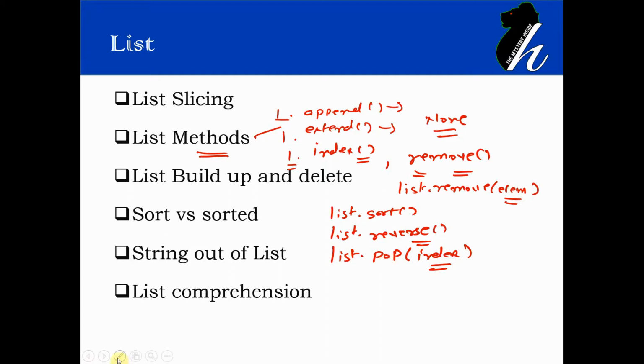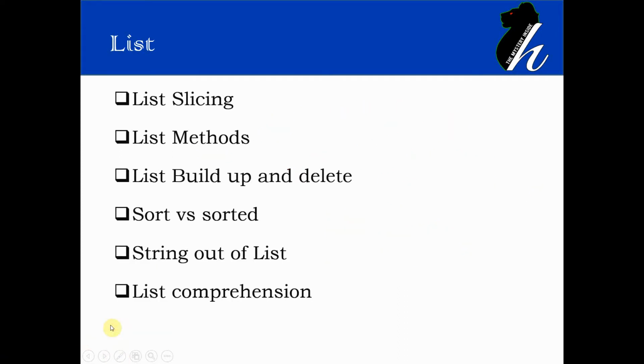Let us now understand list build up and delete. Basically, while programming, if you want to build up a new list, then the common approach is to declare an empty list equals to, let's say like this, and then you append or extend using the method append or extend.